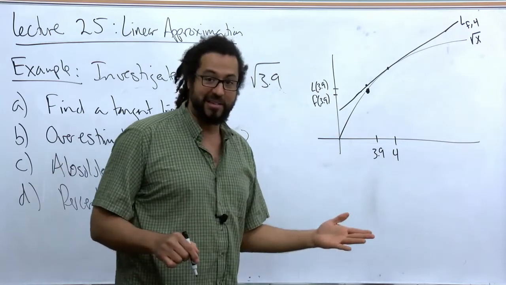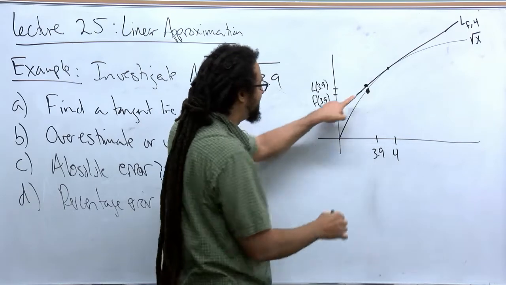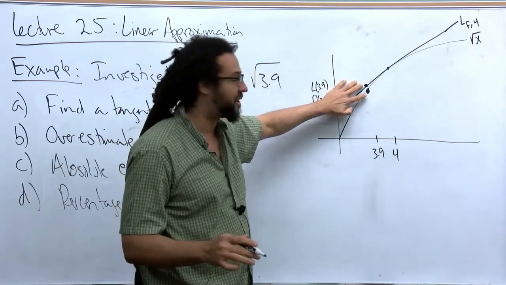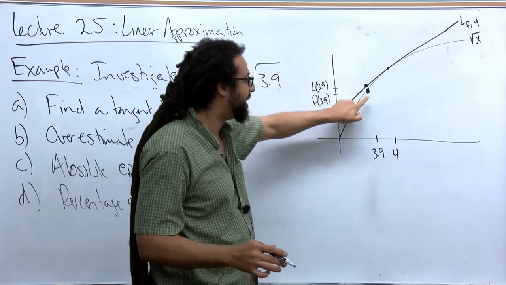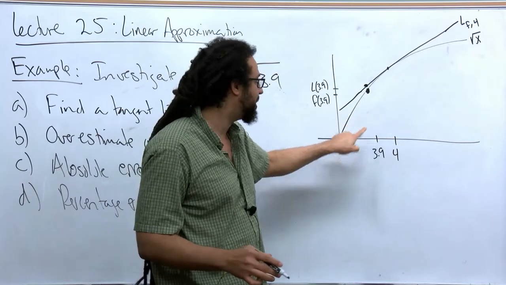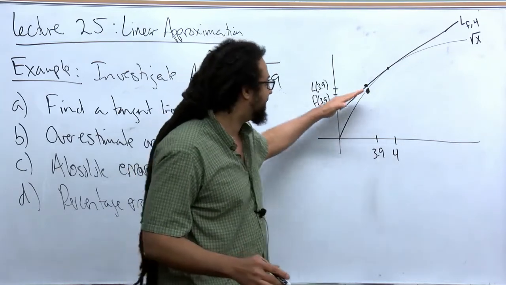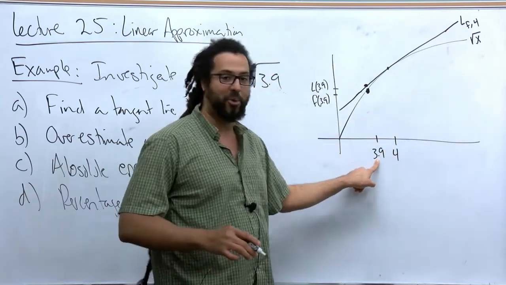That we can do easily without a calculator, and then we want to plug in the number 3.9 into the tangent line. As you can see, these two quantities are very close together, so the linear approximation is a very good estimate to the actual value of the function at 3.9. In other words, the line here will give us a good approximation to the square root of 3.9.